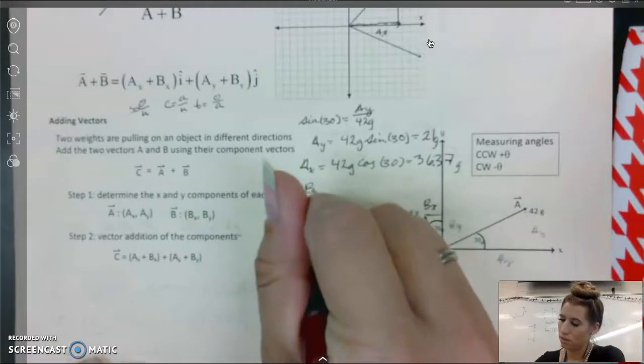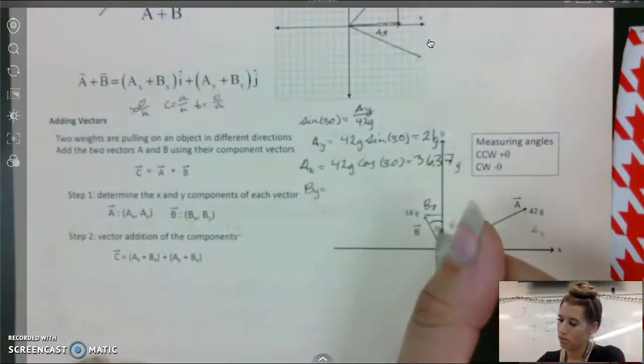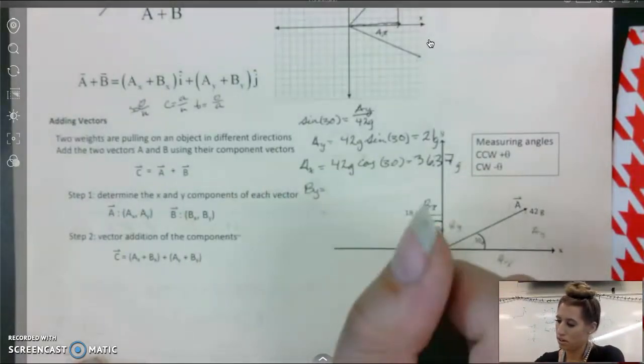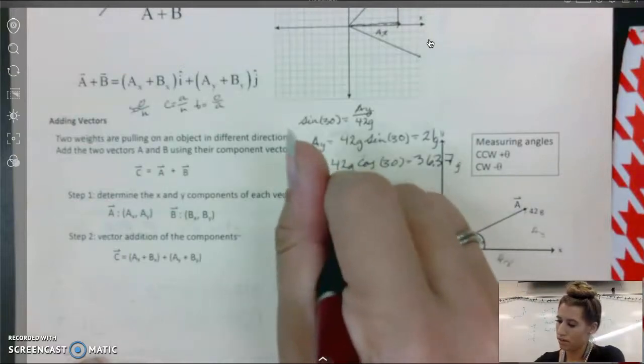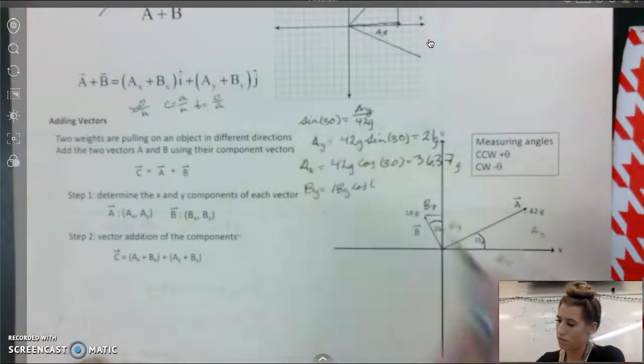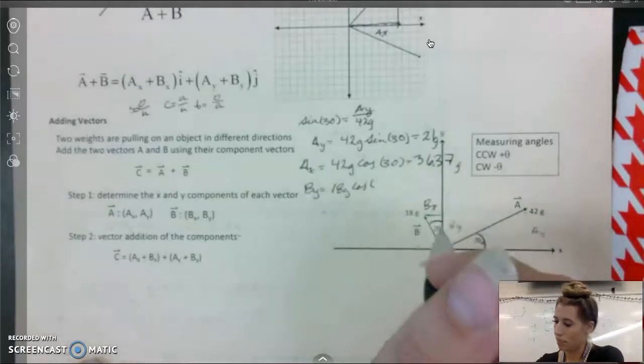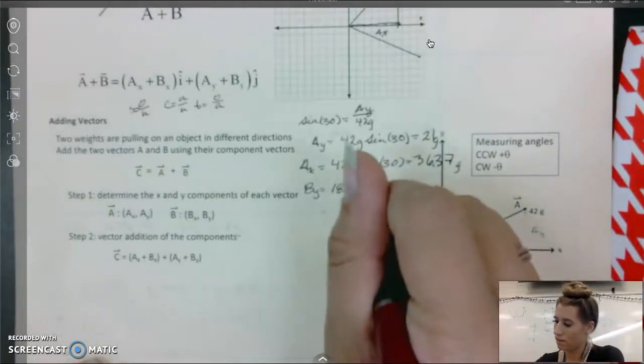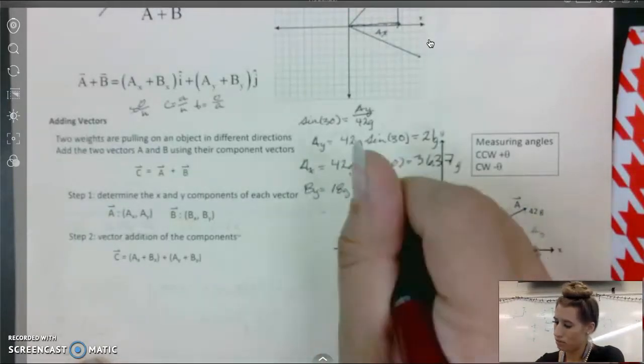So B sub y, we're going to use cosine because it's adjacent. So that'll be 18 grams cosine 20.